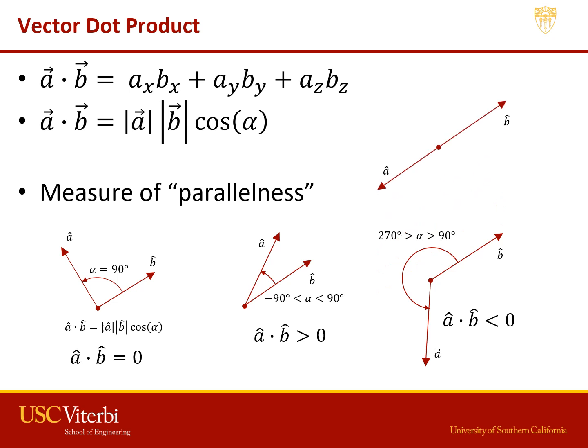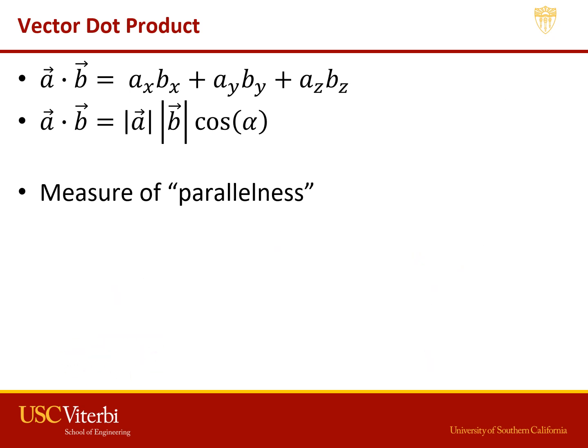And if they're perfectly pointing away from each other, so that's 180 degrees here, because I'm doing unit vectors, the dot product is exactly -1. If they're perfectly parallel, they point in the same direction, the dot product is 1, anti-parallel, -1, perpendicular, 0. That's a measure of parallelness.